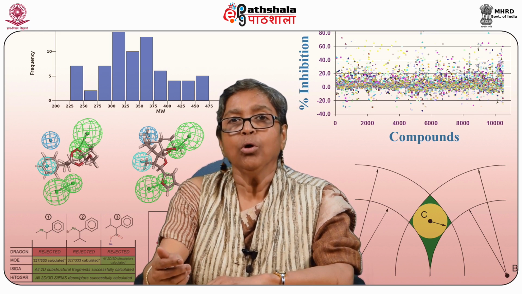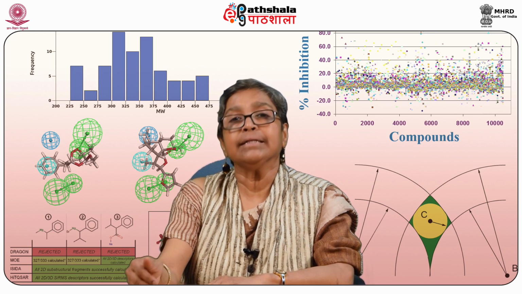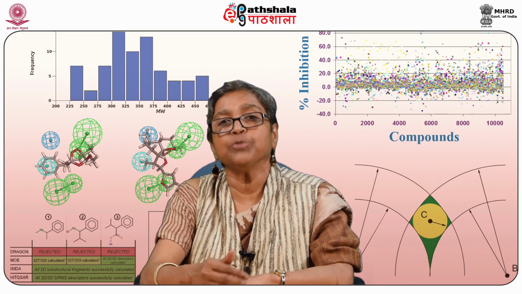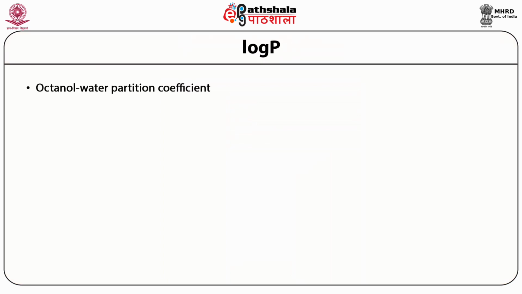Next, we will show you logP, a property of a molecule, and how to predict that using already developed or explained descriptors. Here I depict one example of the octanol water partition coefficient, which is very regularly used in designing compounds, called logP.